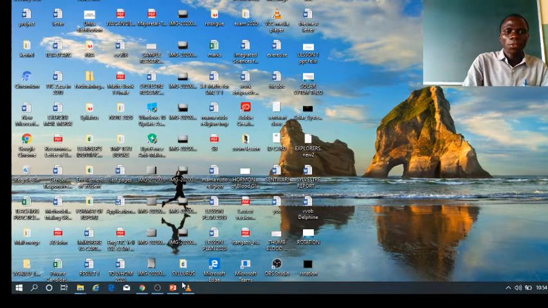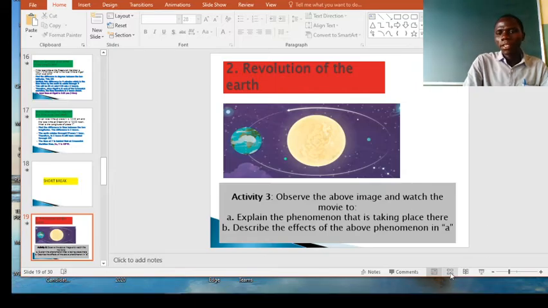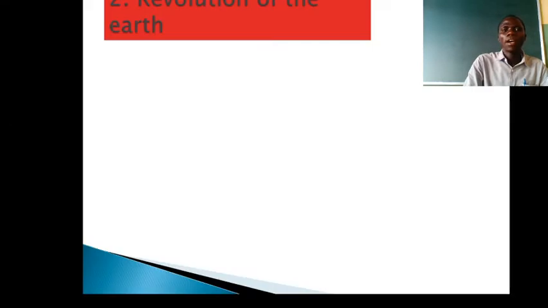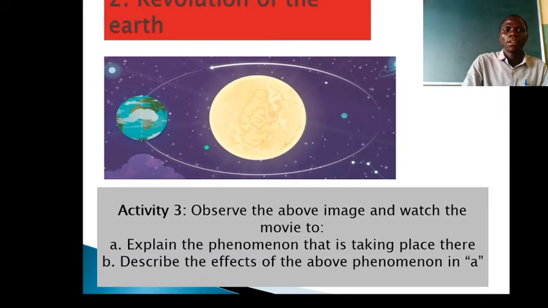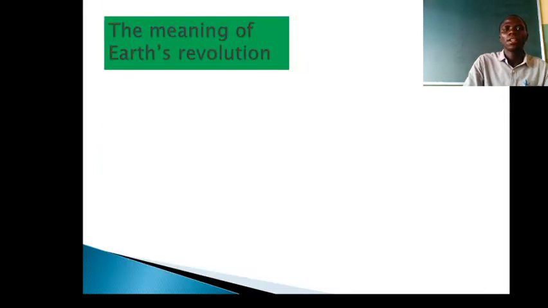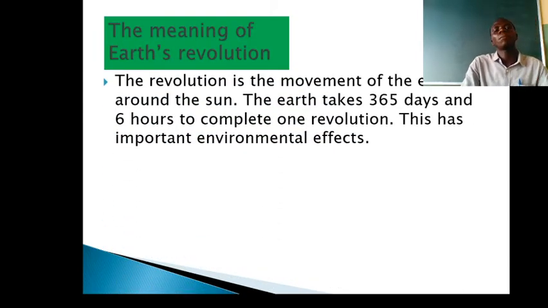Now, let us proceed with our lesson. What is being represented in the movie and in this image? I think you have discovered that it is Earth's revolution. Now let us examine the meaning of the revolution.